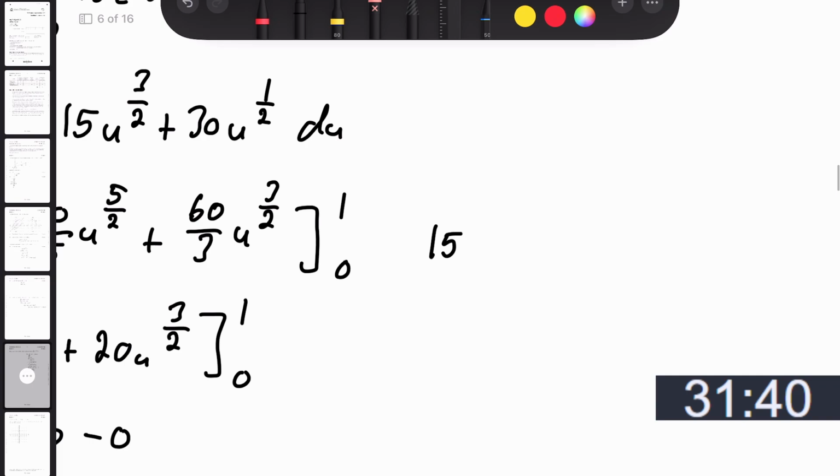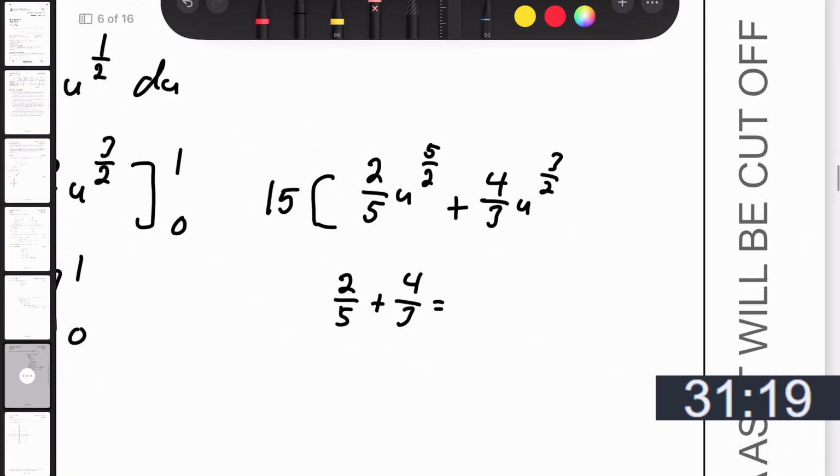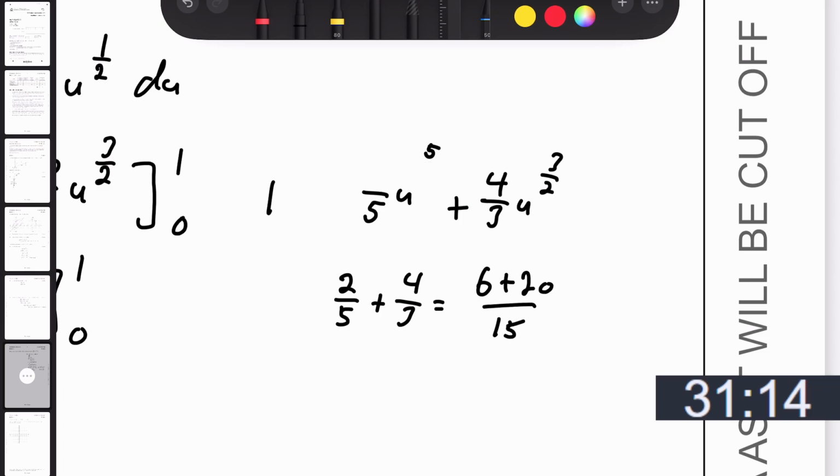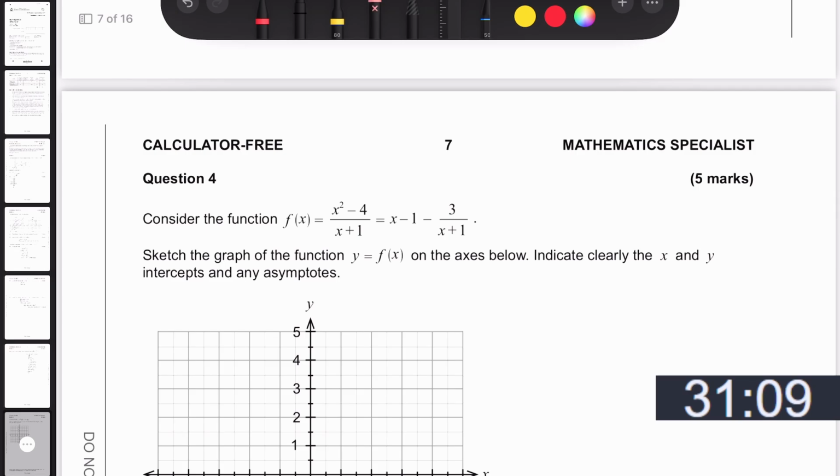So you will be 15 outside of 2 on 5 u to the 5 on 2 plus 2, so then 4 on 3 u to the 3 on 2. It's going to equal 6 plus 20 on 15, 26, yeah, okay.